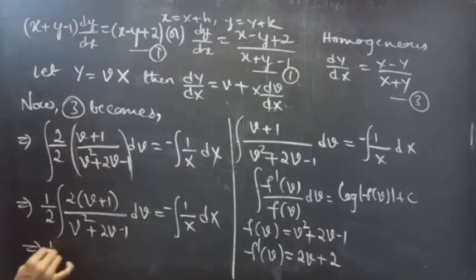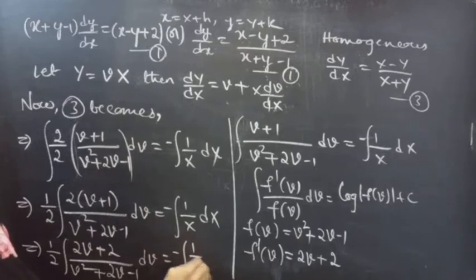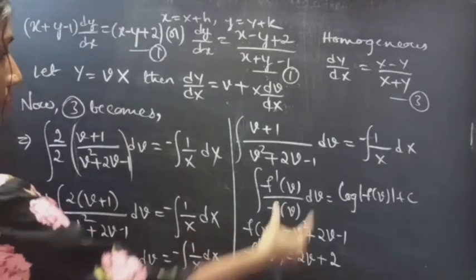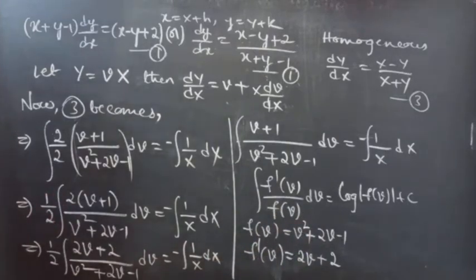Then 1 by 2 integral 2v plus 2 by v square plus 2v minus 1 into dv equals minus integral 1 by x dx, which is in f dash of v by f of v dv form. So now we can apply this formula.